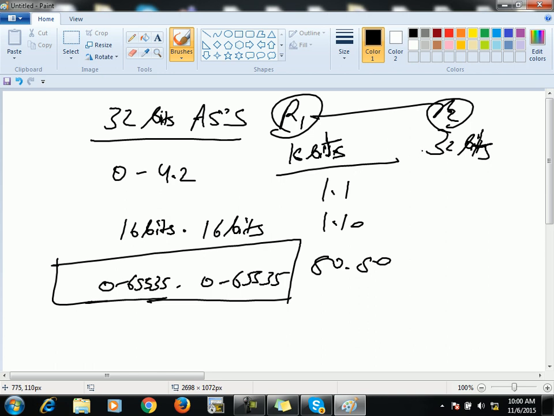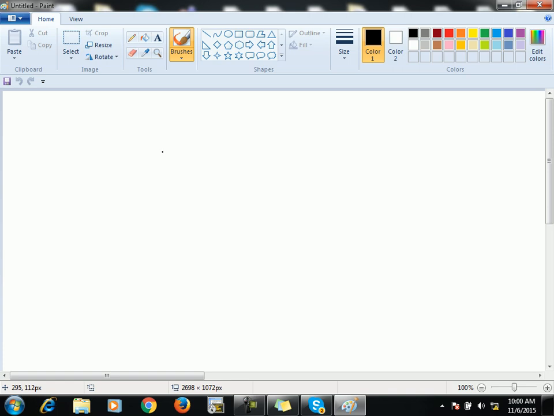Clear? Fine. Now let's talk about this. We have come to know that BGP is the protocol which can handle up to millions of routes in its routing table, and it is completely reliable as well.